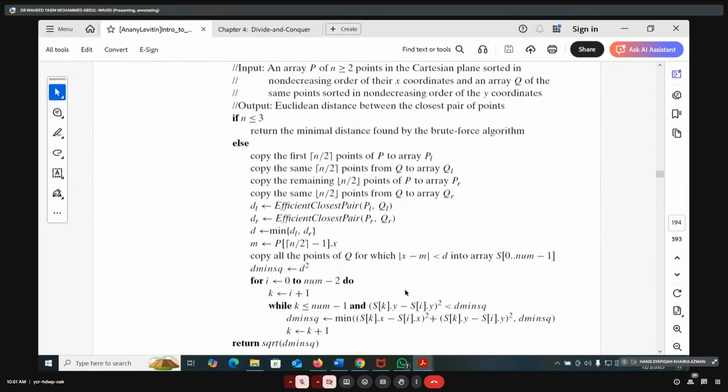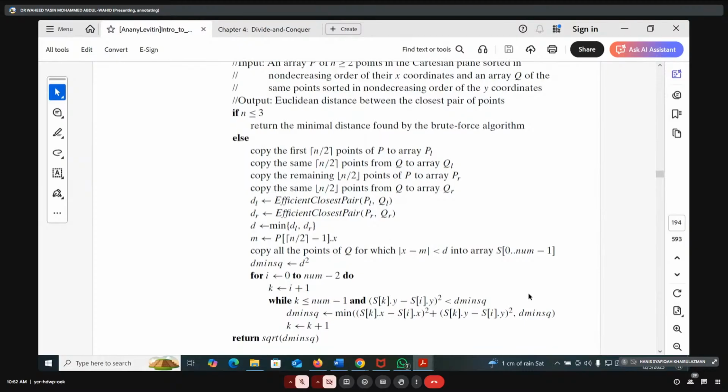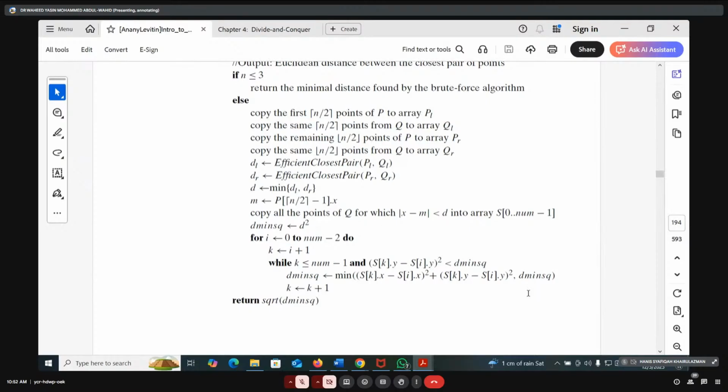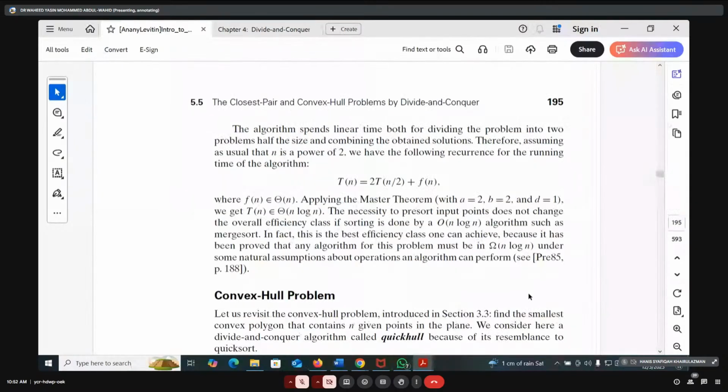I take the minimum of these two, then take the square root. Here we have the minimum square. The algorithm spends linear time.